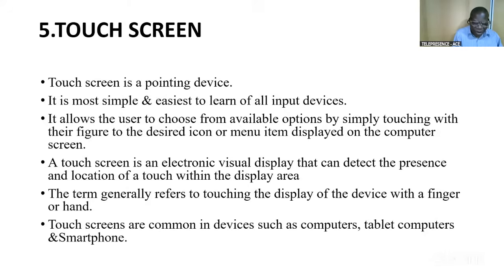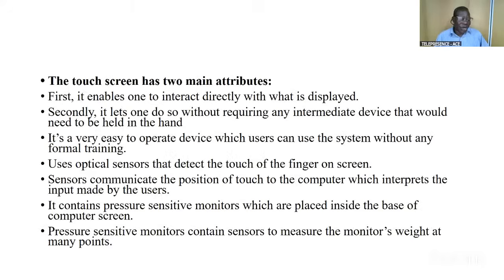Touch screens are common in devices such as computers, tablets, and smartphones. I'm sure many of our Android phones are touch screens. So we can touch here and there to do some work. So we can't say that we don't know what a touch screen is.